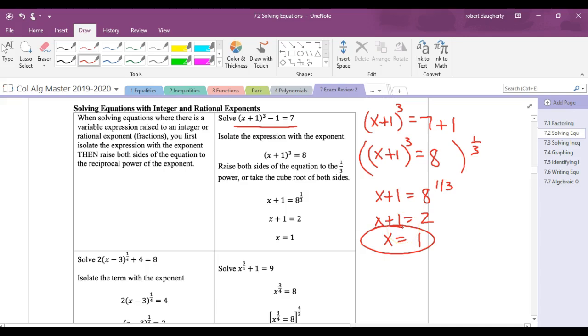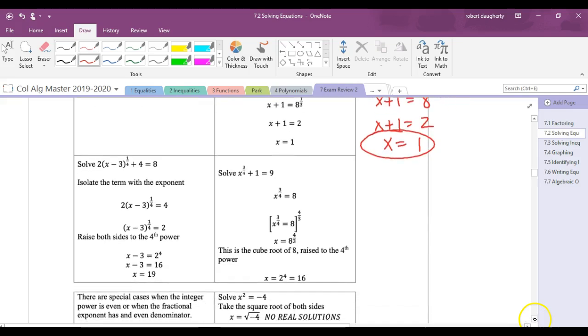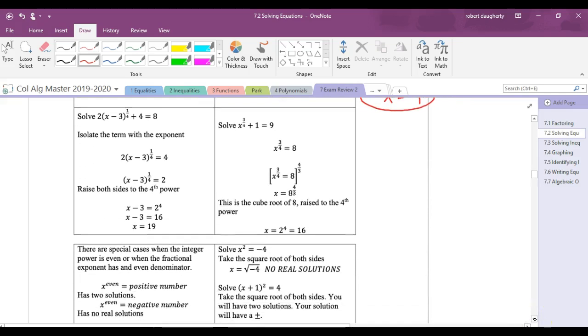So again, the key is to isolate whatever expression has the exponent and then raise the entire equation to the appropriate power. If I look at this one that you see right here, what I need to be by itself is this. I need this x minus 3 to the 1/4 to be all by itself.